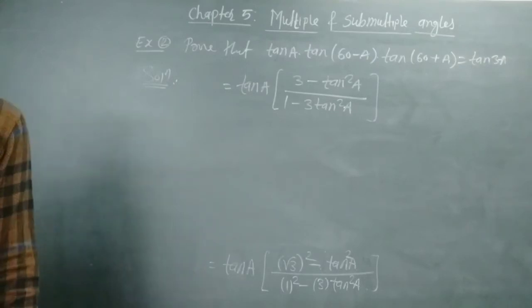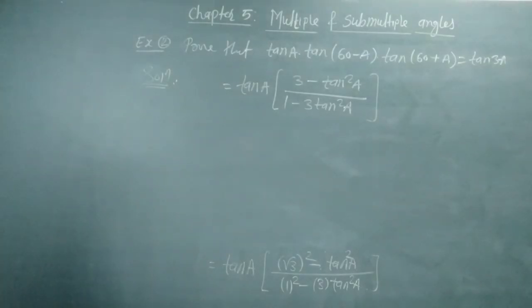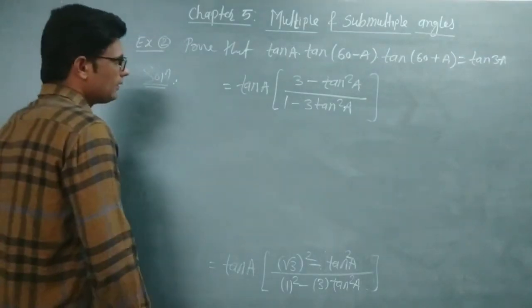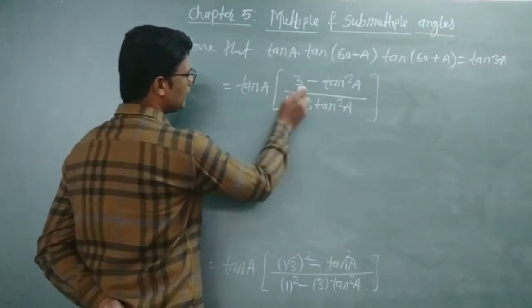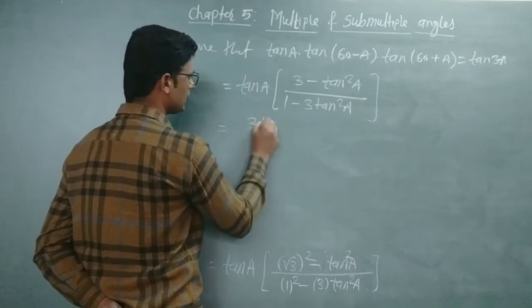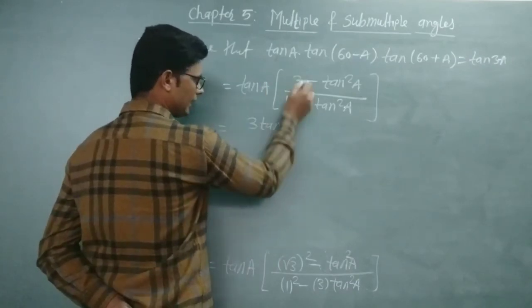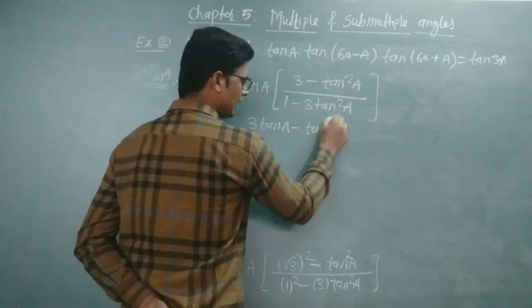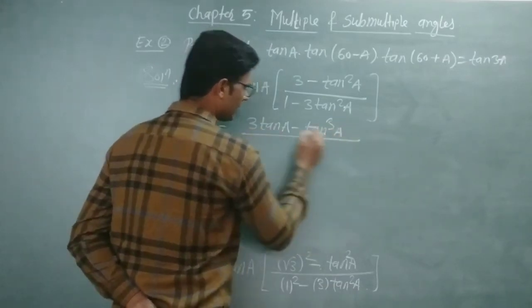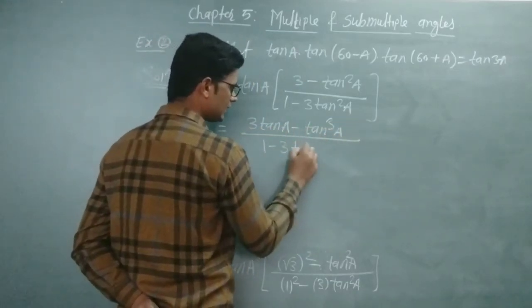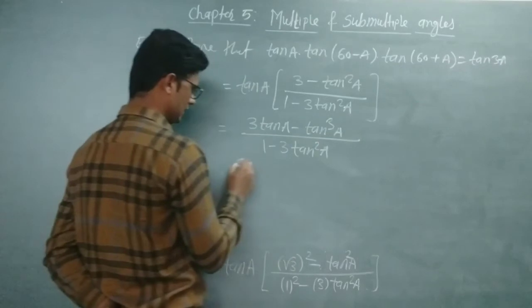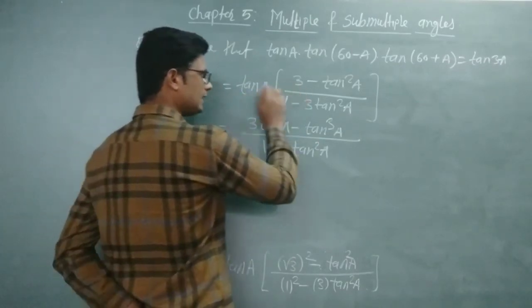So this is the next step. Now multiply this tan A inside. So what you will get? 3 into tan A minus tan cube A divided by 1 minus 3 into tan square A. Right? I multiply this tan A inside.